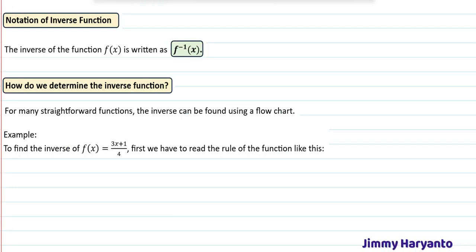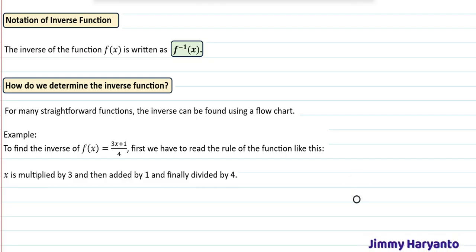Okay, let's take a look at example question 1: find the inverse of f(x), for which the rule is (3x + 1) over 4. First, we have to read the rule of the function. To know the flowchart, you have to read the rule of the function starting from the x.